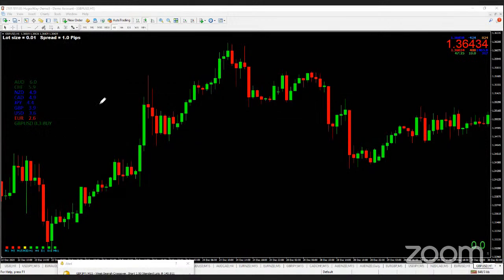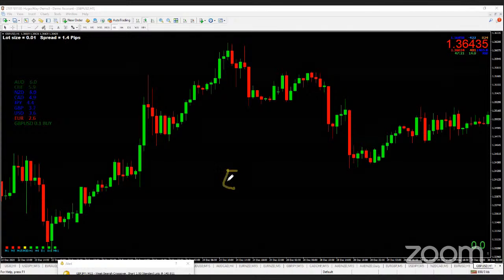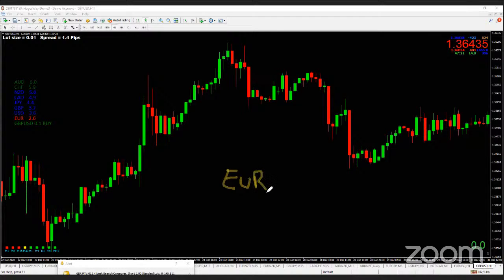So if we're to consider combining euro CHF, even as we have it here, as you can see right before our eyes, those numbers are changing.